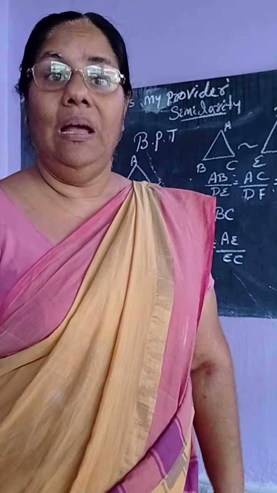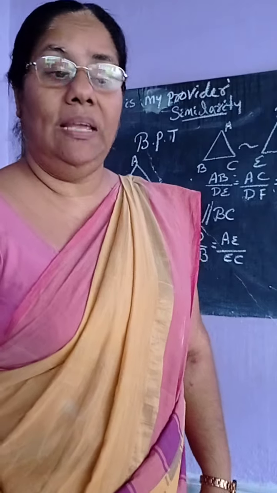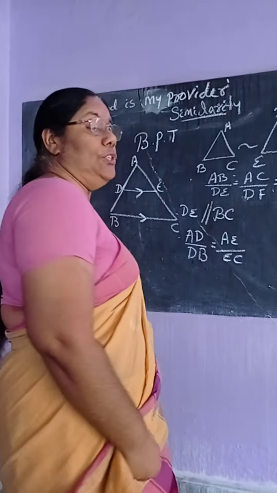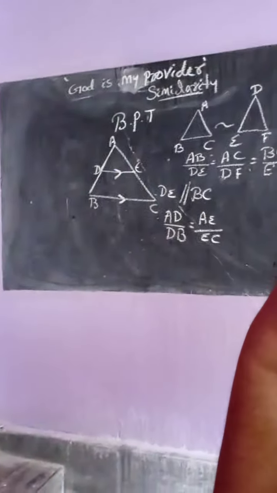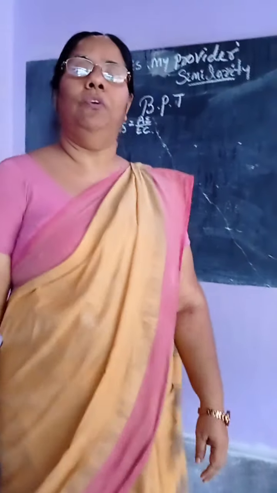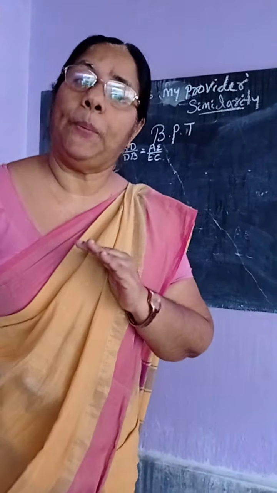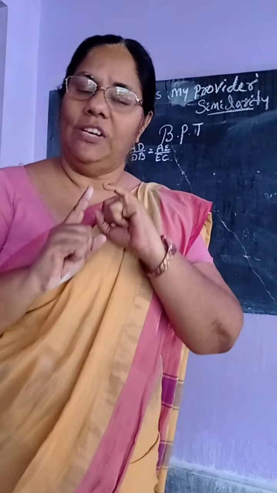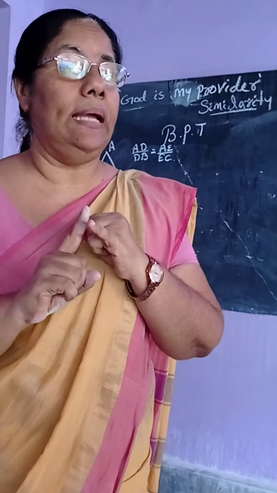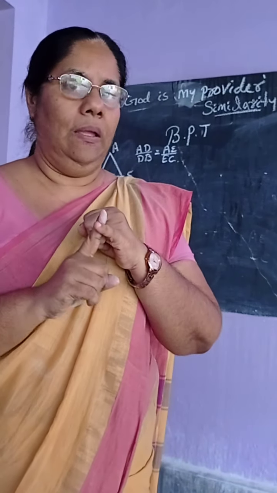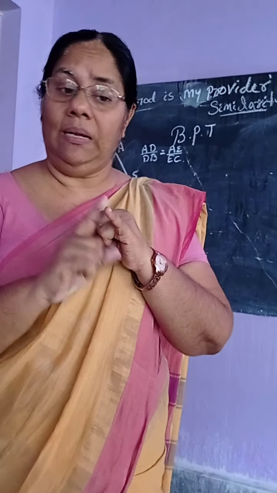Now look how to prove this basic proportionality theorem. Okay, write down that statement. Listen, the proof. When we prove one theorem, the first step is what is given in the question. Understand? When you prove one theorem, what is the first one?